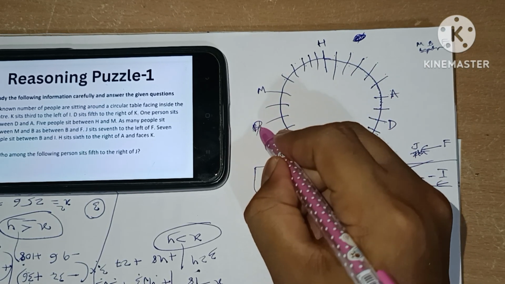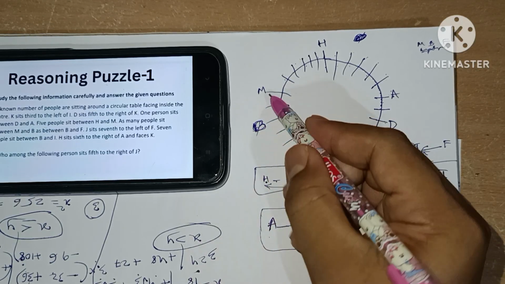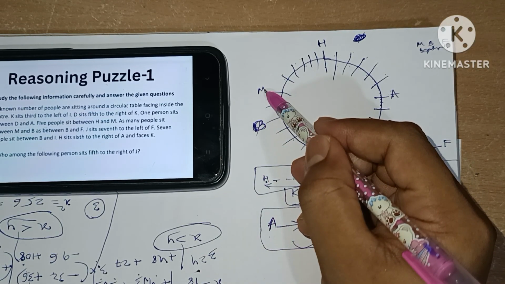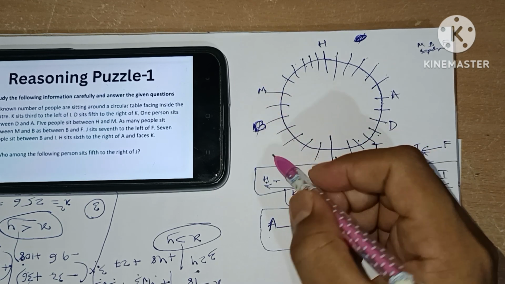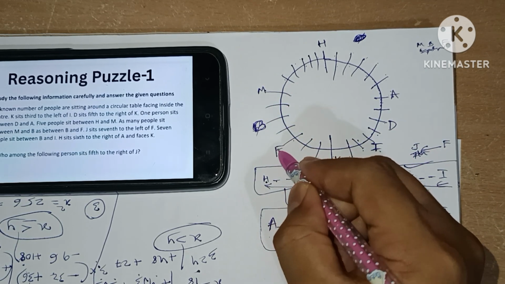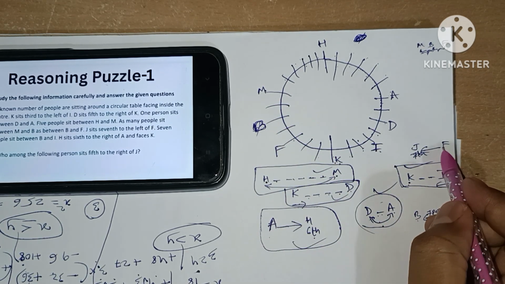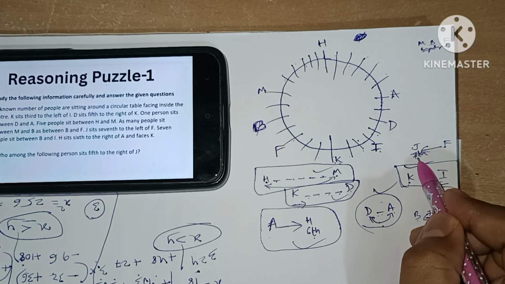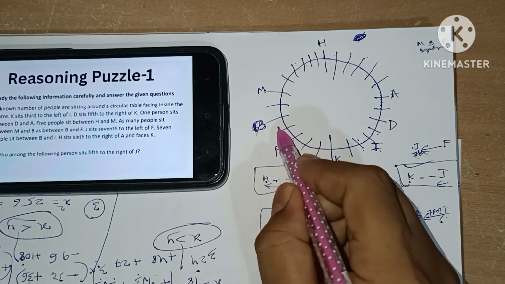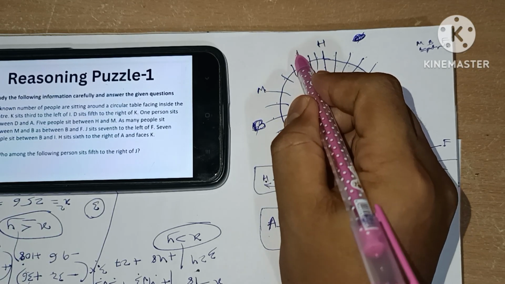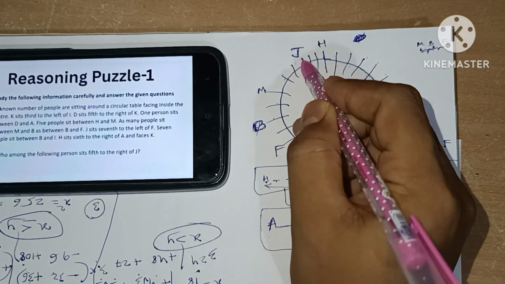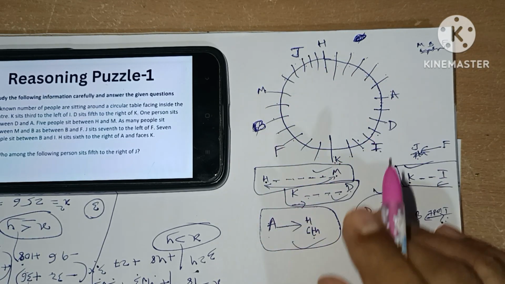So this is the only place for B. So M and B have one person in between. So B and F, this is the place for F. F left side, seventh one is J. 1, 2, 3, 4, 5, 6, 7. This is the seventh one, which is J. So this is the solution of our puzzle.